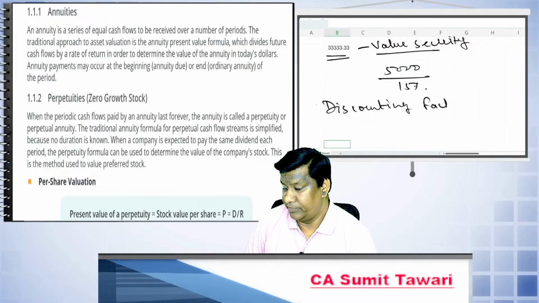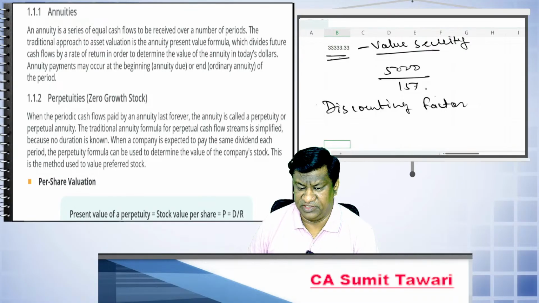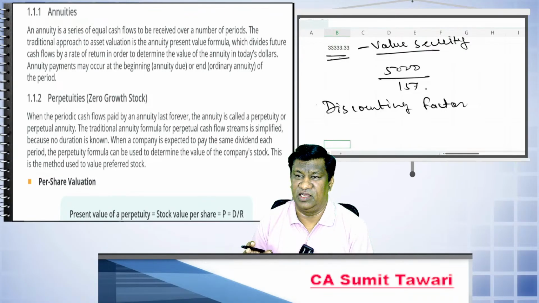Sir, I have a question. Yeah. Sir, in the CPA exams, would the discounting factor be given in the question, or should we calculate it? No, mostly it is given. For PV and FV, both tables will be given, sir. Yes, they will give them, but they will confuse in such a way.